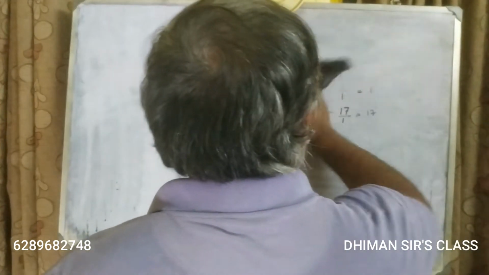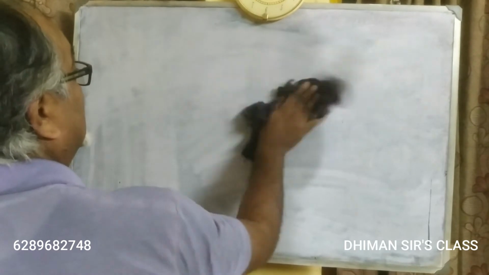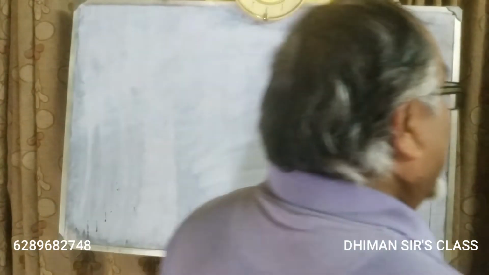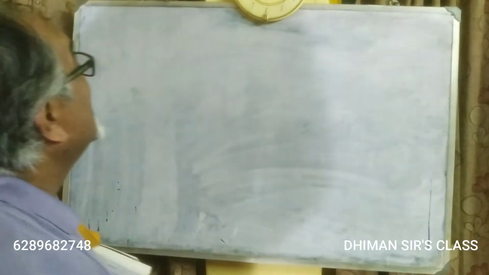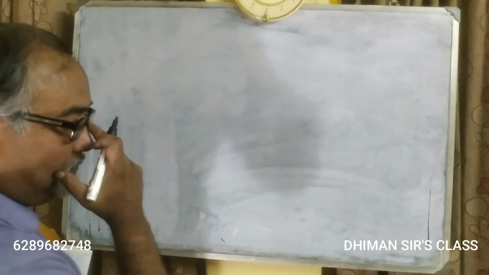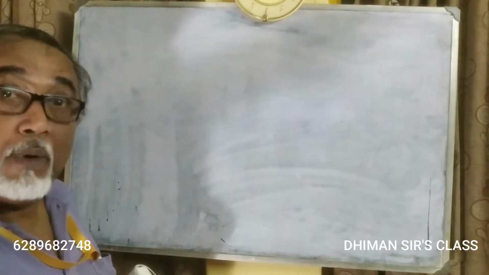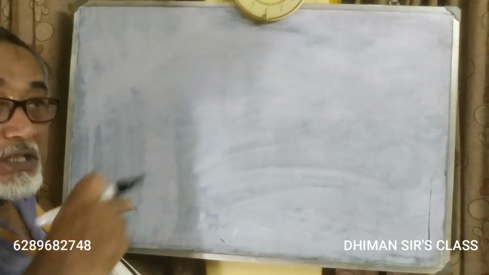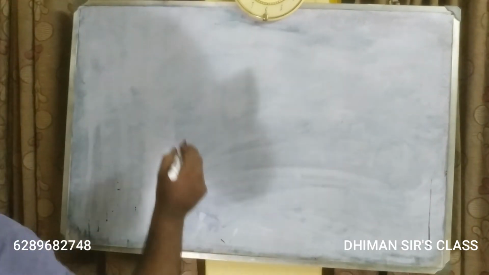See, rational numbers. Before we start finding out the rational numbers between two extreme rational numbers, we must learn about a formula first.